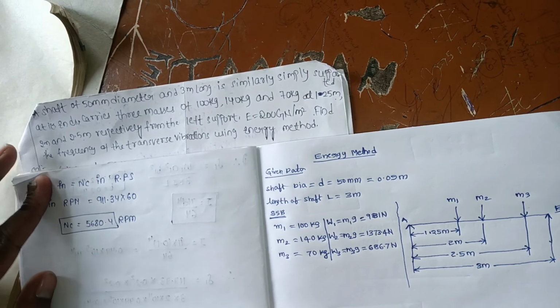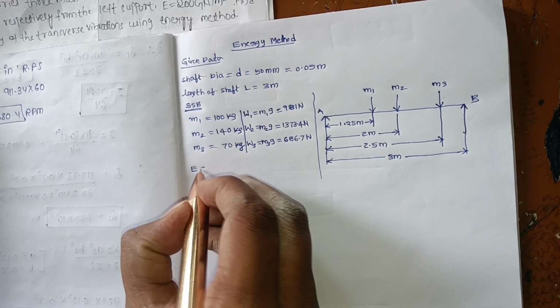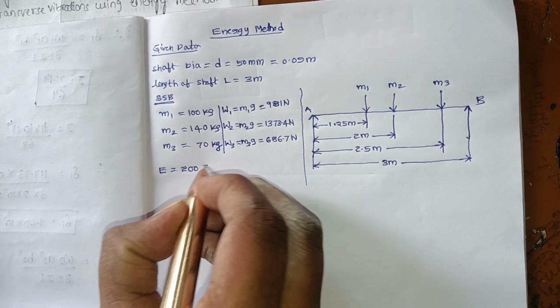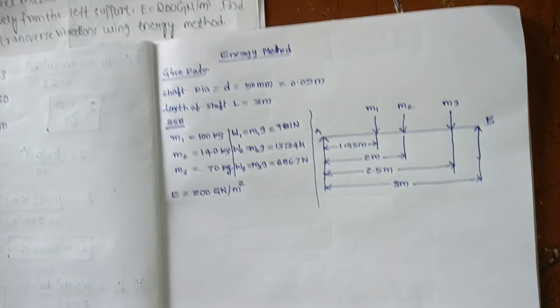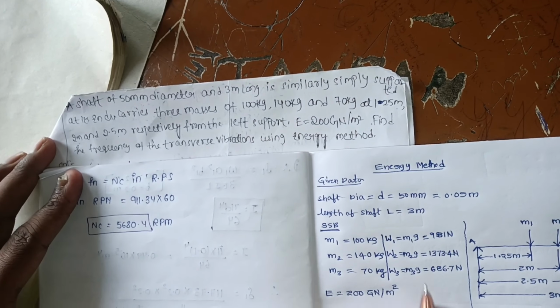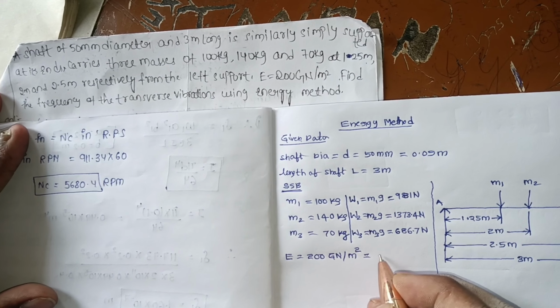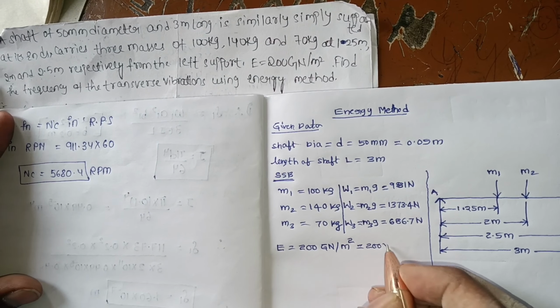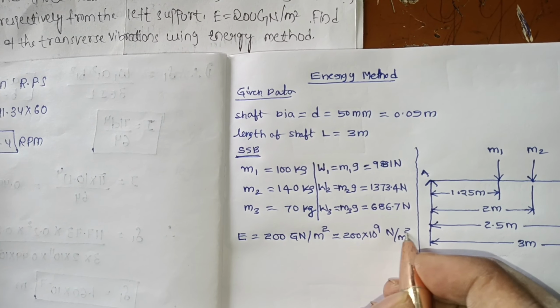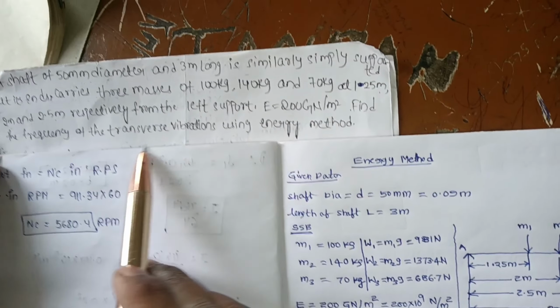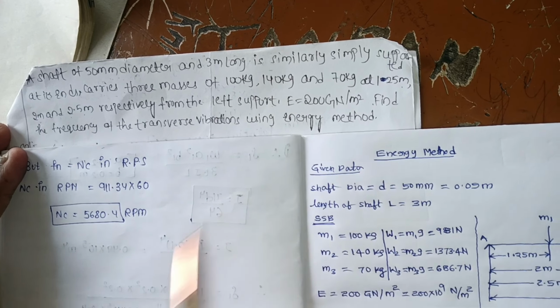Then they are given E, Young's modulus, equal to 200 giganewton per meter square. You can convert into newton per meter square, that is 200 into 10 power 9 newton per meter square. Find the frequency of the transverse vibrations using the energy method.